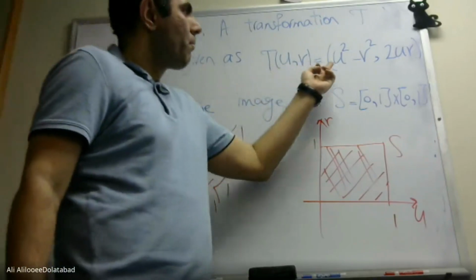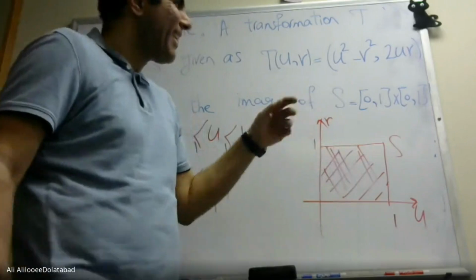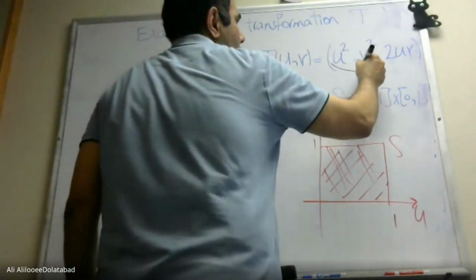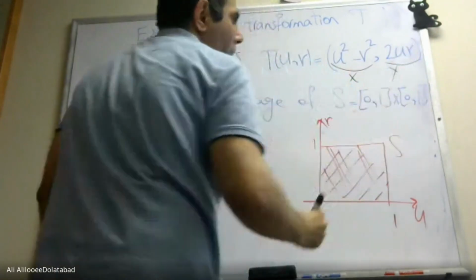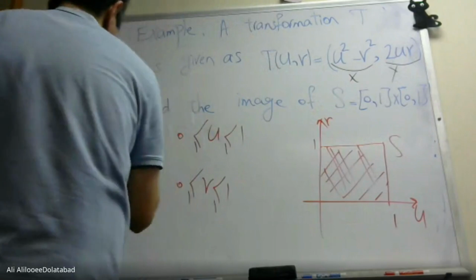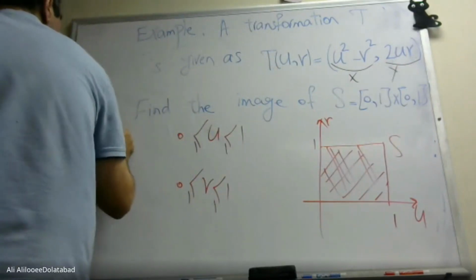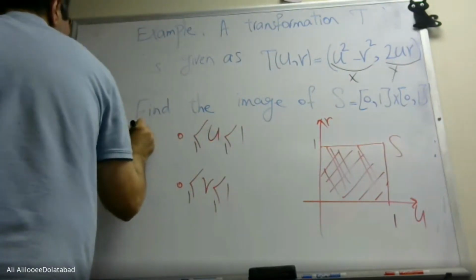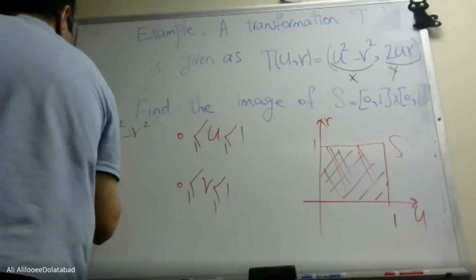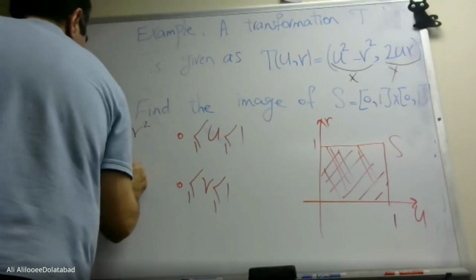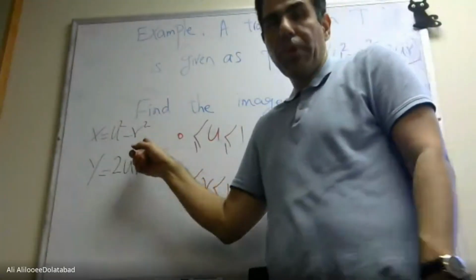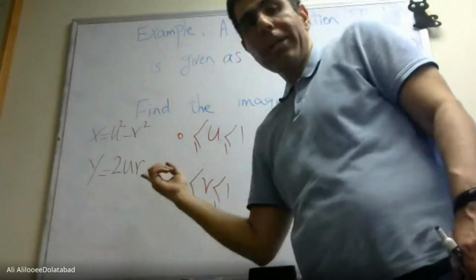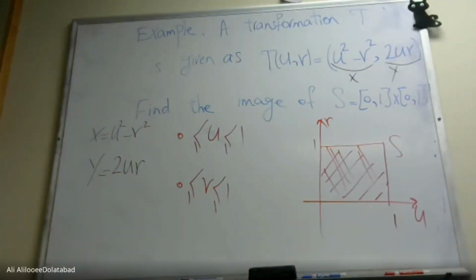See, usually people denote this guy by x and this guy by y. And here what do we have? We can write x equal to u squared minus v squared and y equal to 2uv. Then what is my goal?